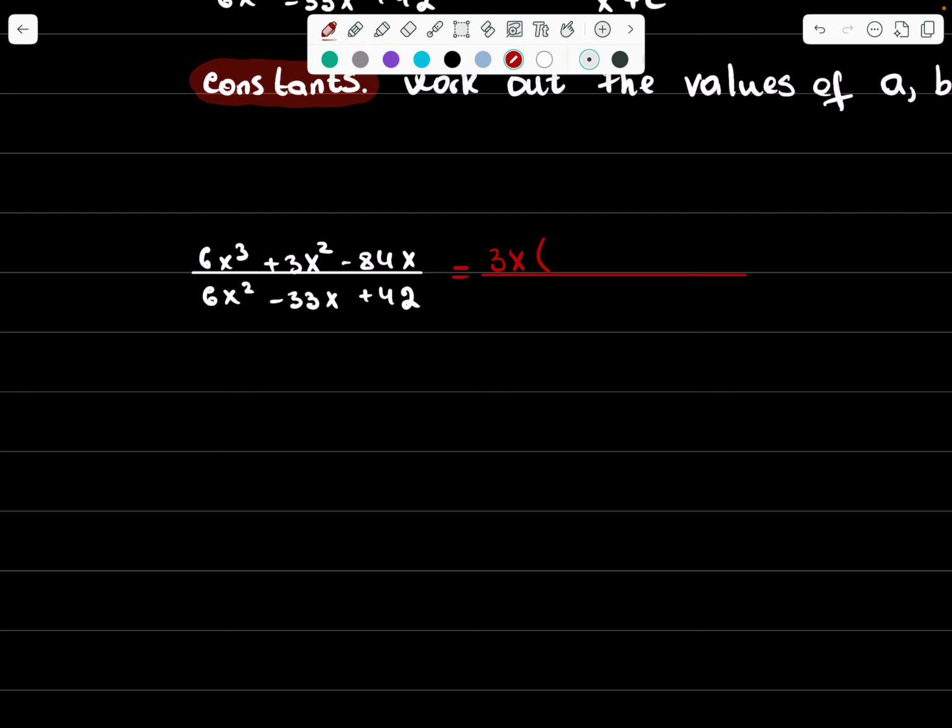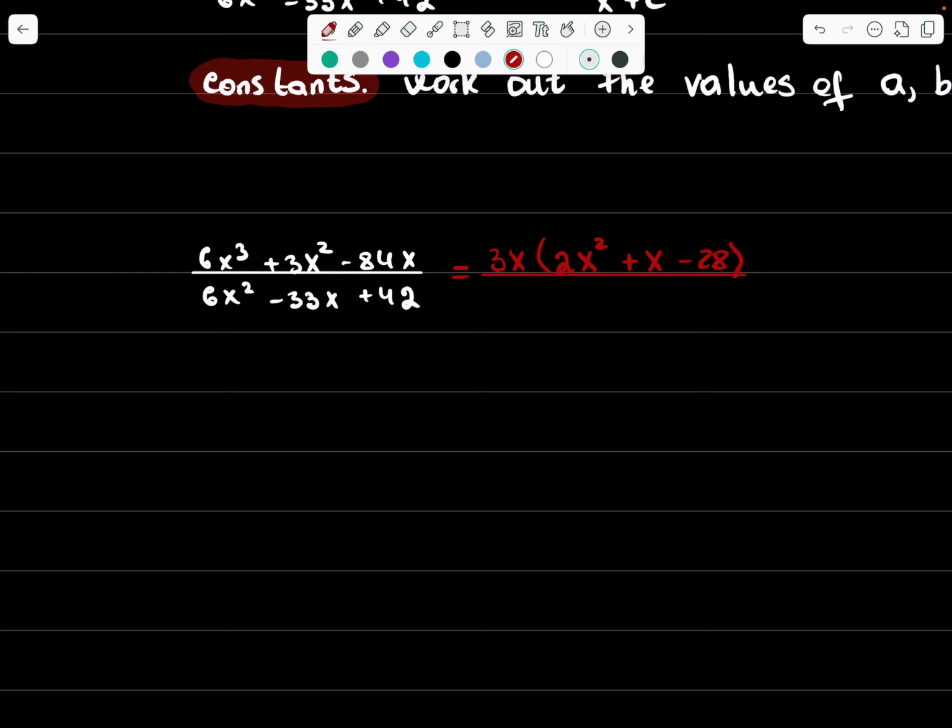If I take 3x out from 6x cubed, that leaves 2x squared, and that's going to give us plus just an x, and minus, quickly dividing 84 by 3, that's going to be 28. That will be 1 in the numerator.